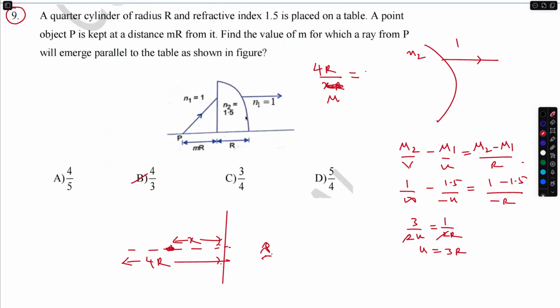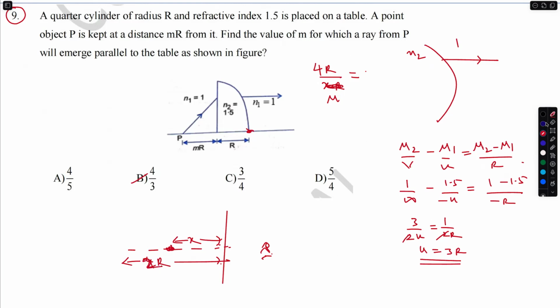3R is from where? From here. So actually u is equal to 3R, no? Backside, of course; 3R, it's outside. See, from here it is 3R, so from here it is 2R only.